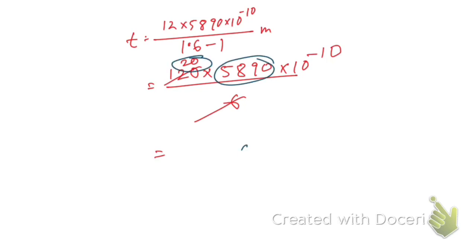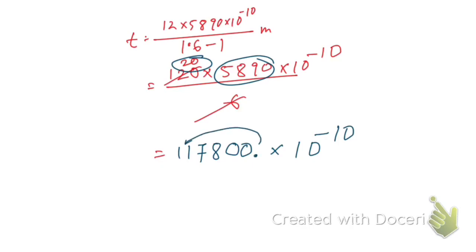What you will get is 0, 0, 2 nines are 18, 2 eights are 16 plus carry 1 is 17, carry 1, 2 fives are 10, 11. That's what we are going to have, × 10^−10. Now the decimal is here. If you bring it here, then you get 1.17800. How many digits have you shifted? 5 digits. So here we can make it 10^5.